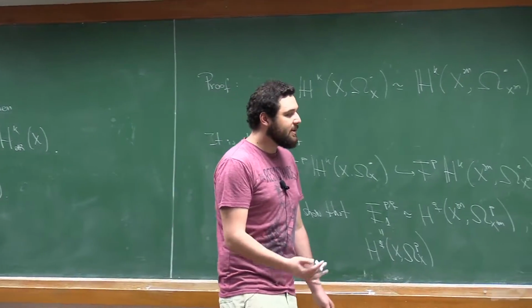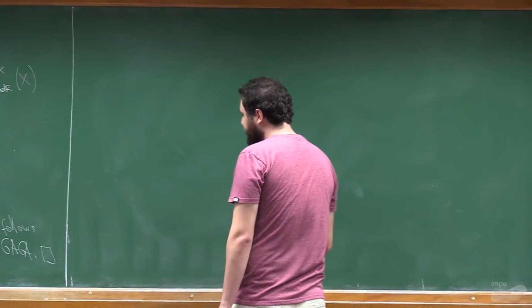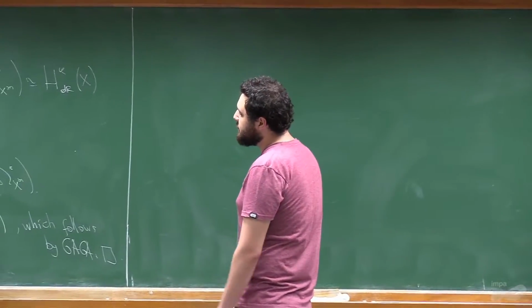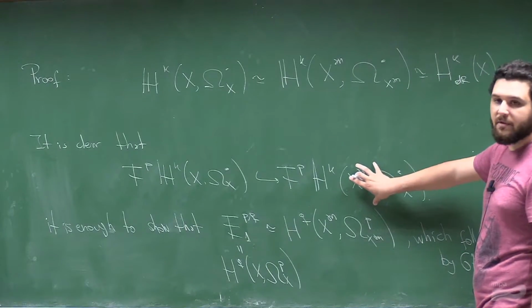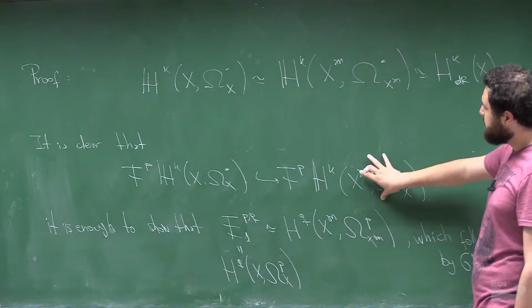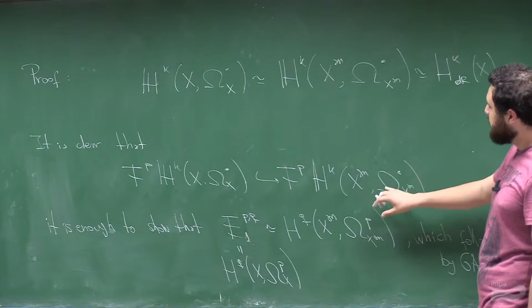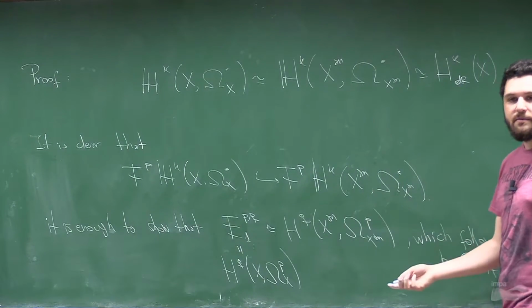But this is not interesting in this generality. In fact, even in the case of complex algebraic varieties, this filtration is not interesting. Despite the fact that you also recover the whole de Rham cohomology, this filtration is useless when you go too far from the projective case.